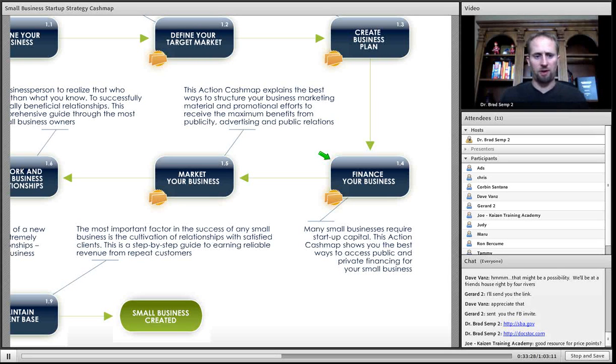1.5, market your business. In this action cash map, we get into things as far as marketing and building your brand, determining your marketing requirements. A lot of that's going to be dependent upon how much marketing funds you have available, right? So how much money do you have?